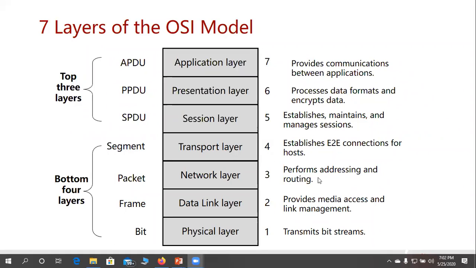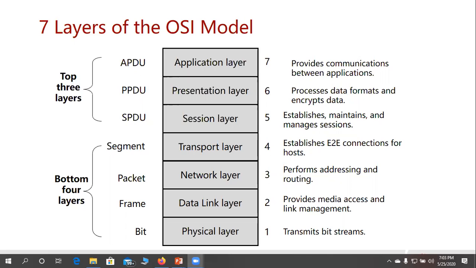The network layer performs addressing and routing. When we talk about addressing, what you must know is that for your computer to connect to the internet, it must have a unique address. That address, we call it the IP address. When you are sending something from here to New York, the internet is represented as a cloud, but what is there are the routers.